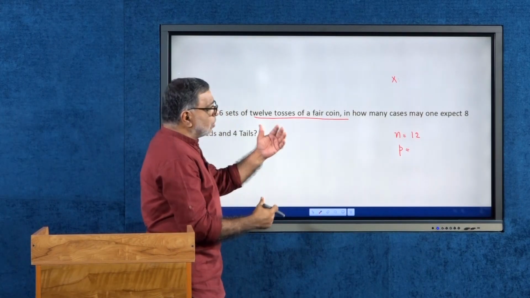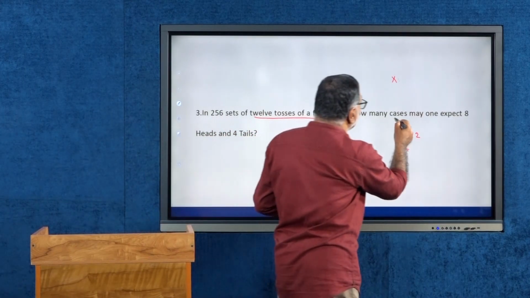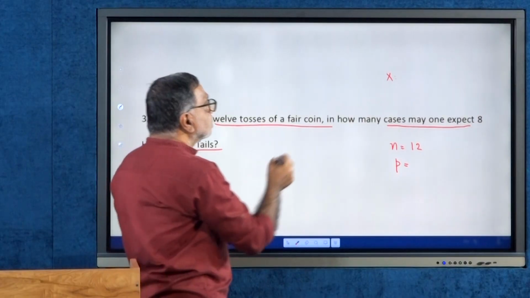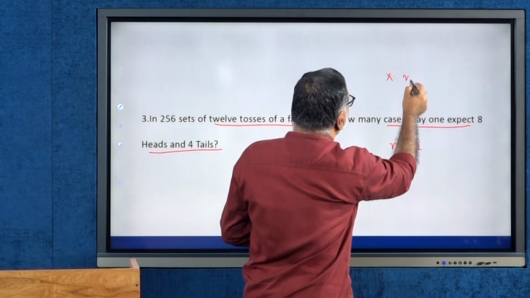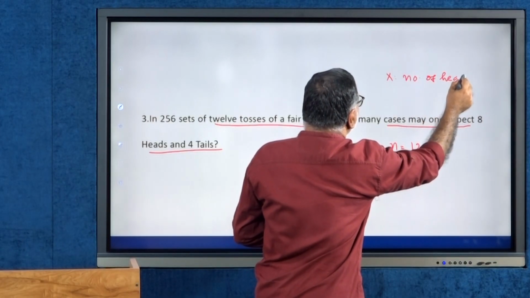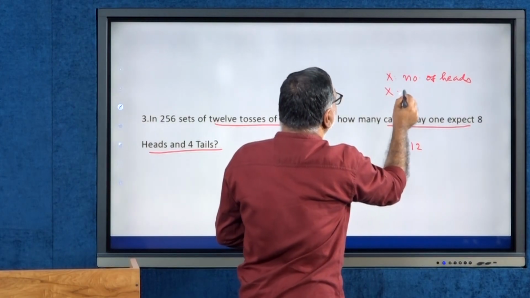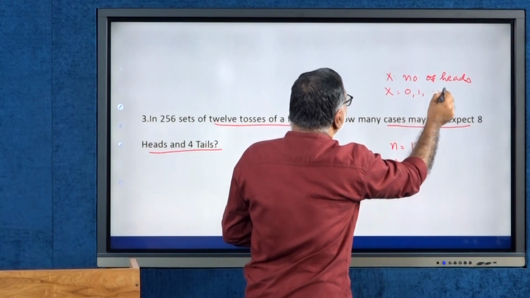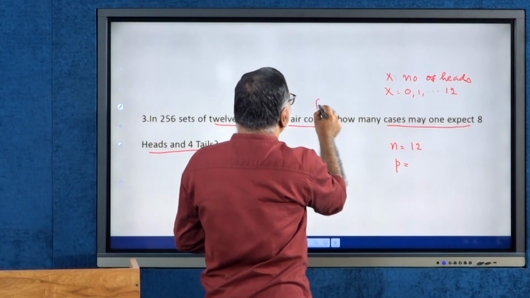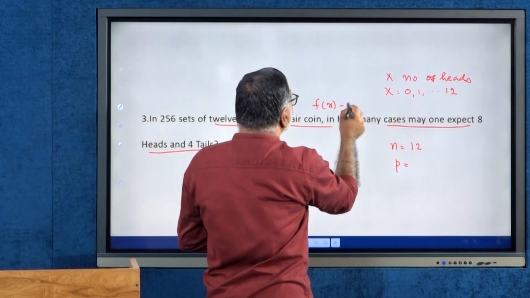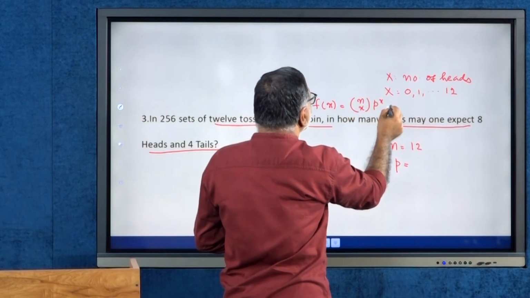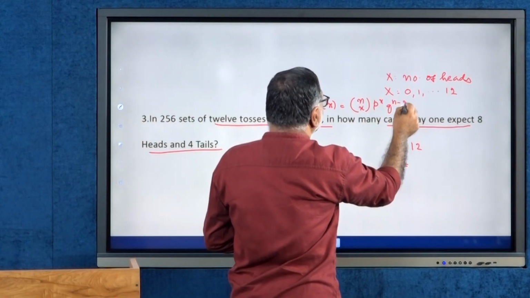The question is, in how many cases does one expect 8 heads and 4 tails. Suppose we define x as the number of heads, then x can have any value from 0 to 12 and the corresponding f of x is equal to nCx p power x q power n minus x.